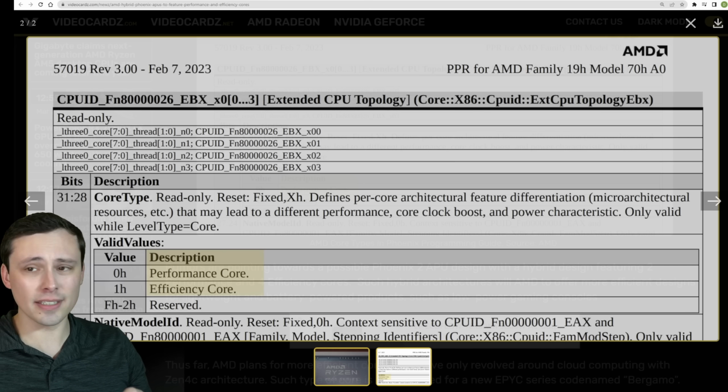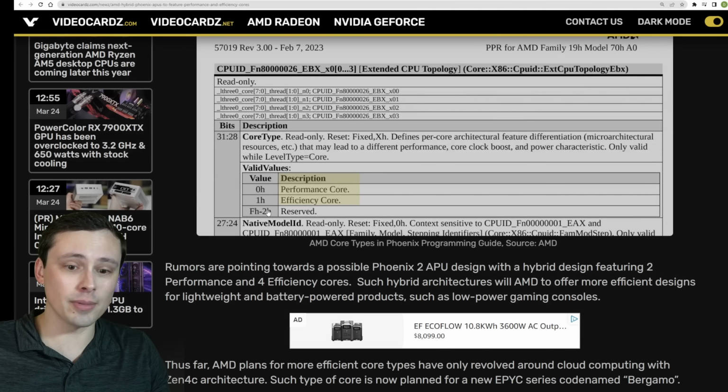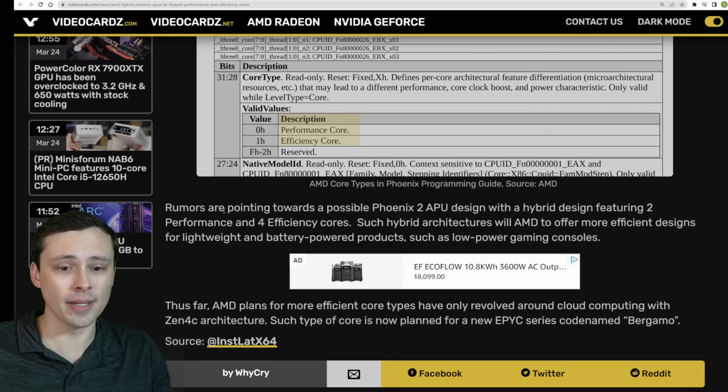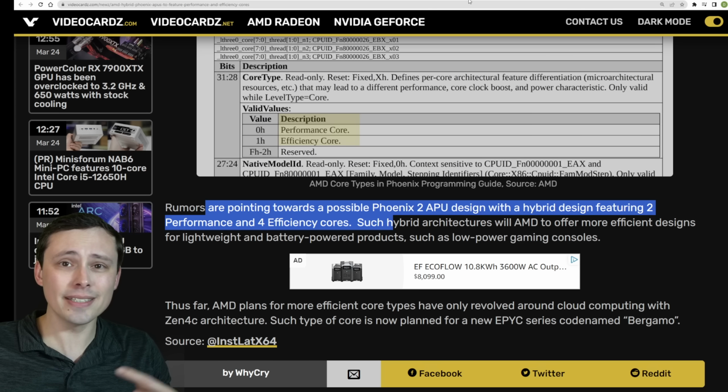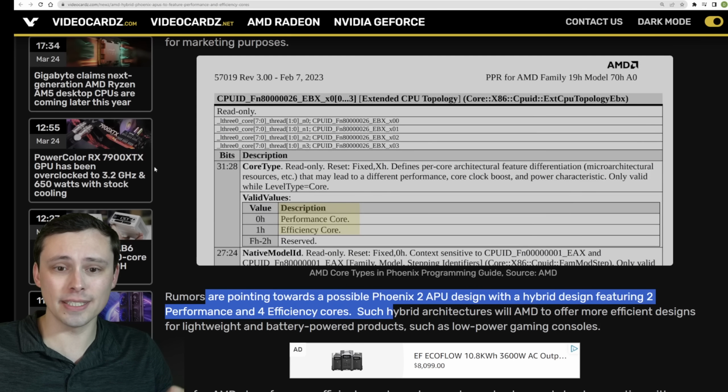So basically it shows that AMD might be going a similar route, with even a similar naming scheme, on at least some of their hardware in the future. And we'd seen a recent leak in one of my last videos pointing to this same configuration.